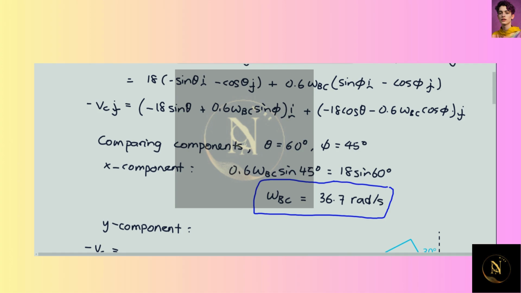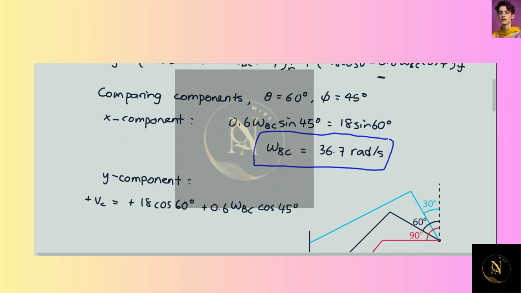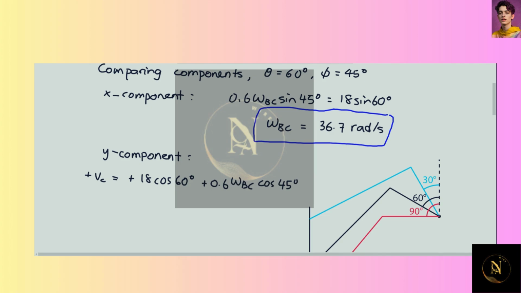So minus vC is equal to this part: minus 18 cosine 60 degrees minus 0.6 omega BC cosine 45 degrees. Okay, so you can take out the minus sign, right? Then you can find that vC is equal to 24.6 meters per second. So the vC vector will just be minus 24.6 j meters per second.